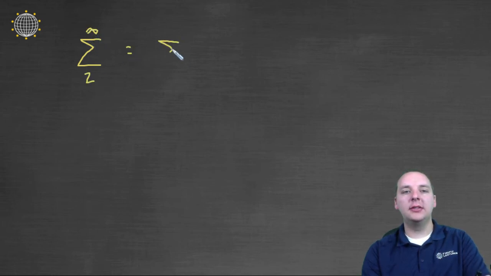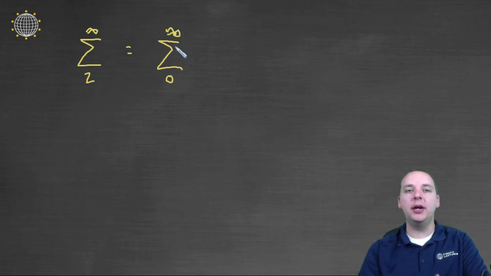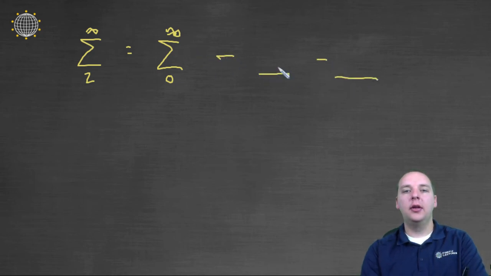If we want the sum from 2 to infinity, why don't we take the sum from 0 to infinity, which is admittedly too much, too big of a number, and then take this number and subtract out the first 2 terms, right?